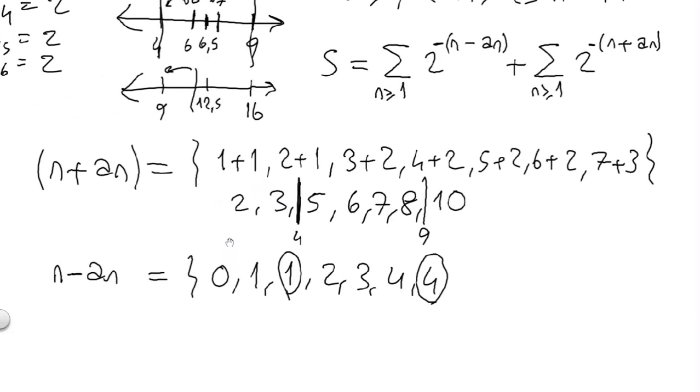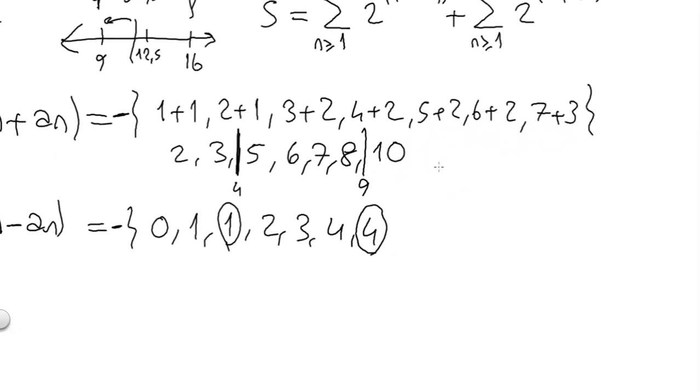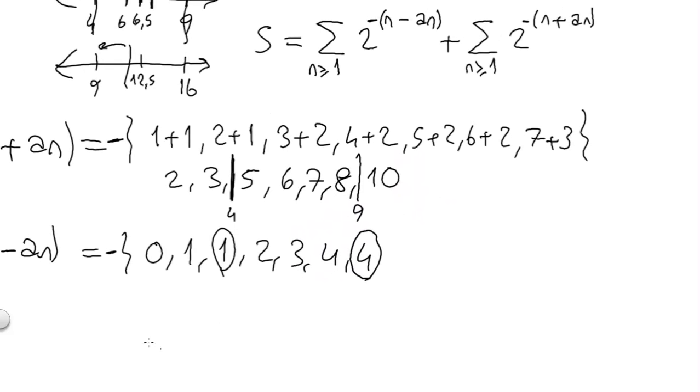So now let's add them. And I also have minus in front of them, so here everything will just be minus. So let's put minus signs. It's not so important. So now if I go here, let's write it here. I have n minus a_n's here, so I have this sequence.